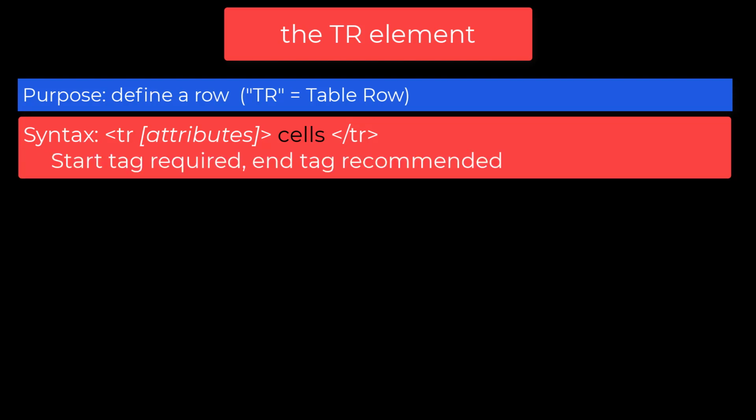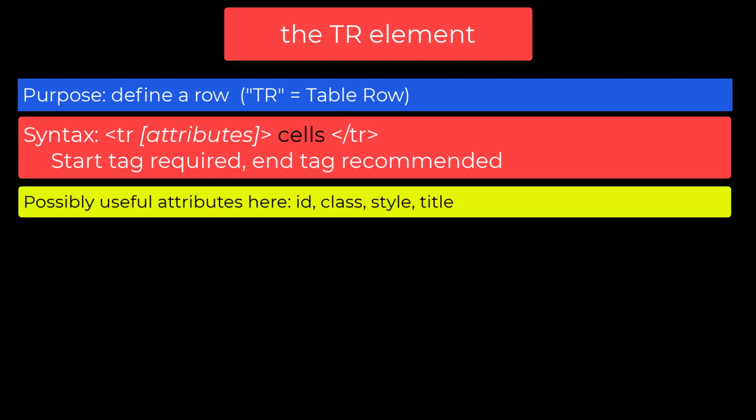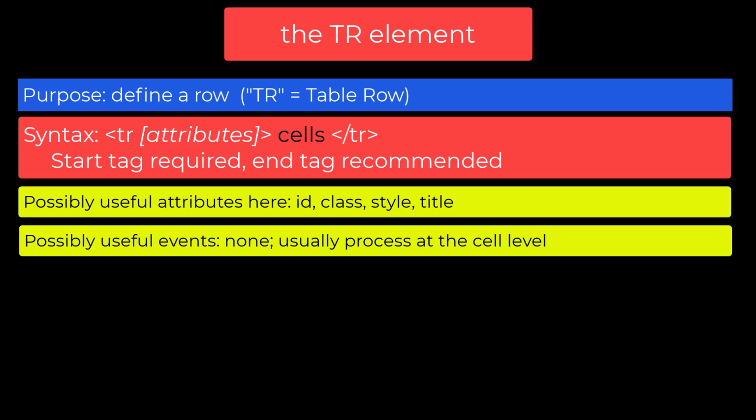The start tag is required. The end tag can be omitted in some cases, but it's simpler to always code it. Useful attributes for TR: ID, class, style, and title, as usual. And possibly useful events, again, probably none. We usually process events at the cell level, if at all.